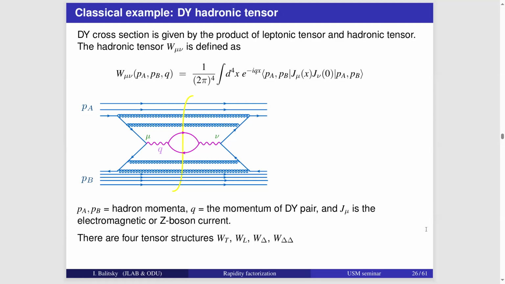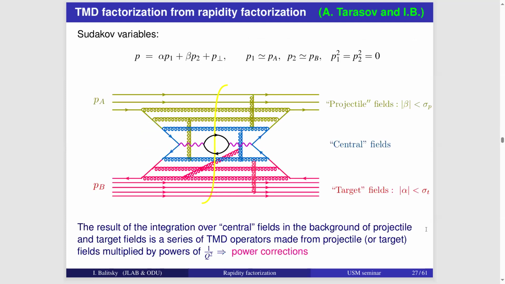The hadronic tensor you need to calculate in QCD, where J mu is either the electromagnetic or Z boson current, depending on your energy. If your energy is large, like at the LHC, you need to take into account also the Z boson current. For the electromagnetic current, there are four tensor structures, which have been known for 30 years.